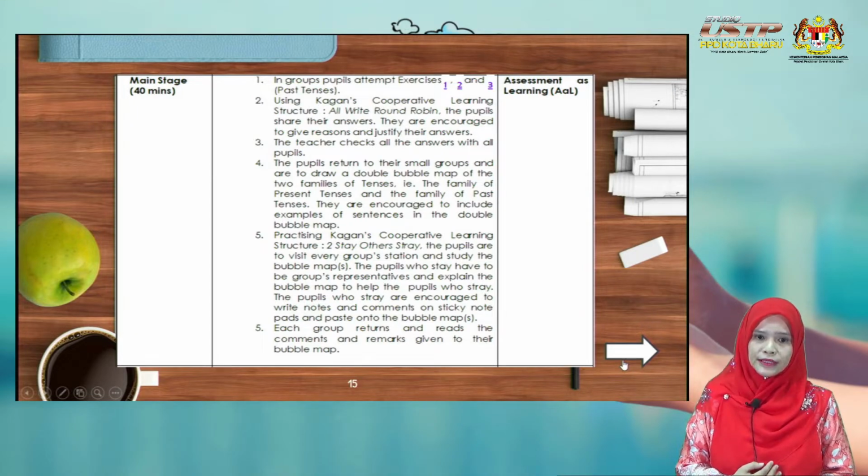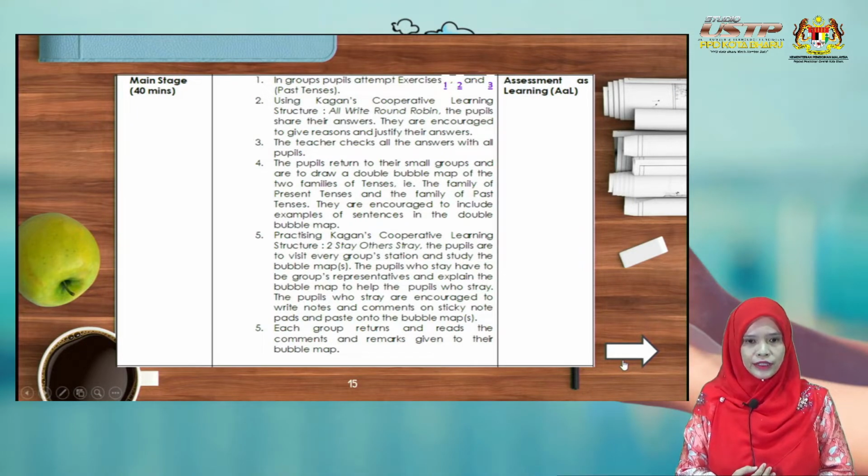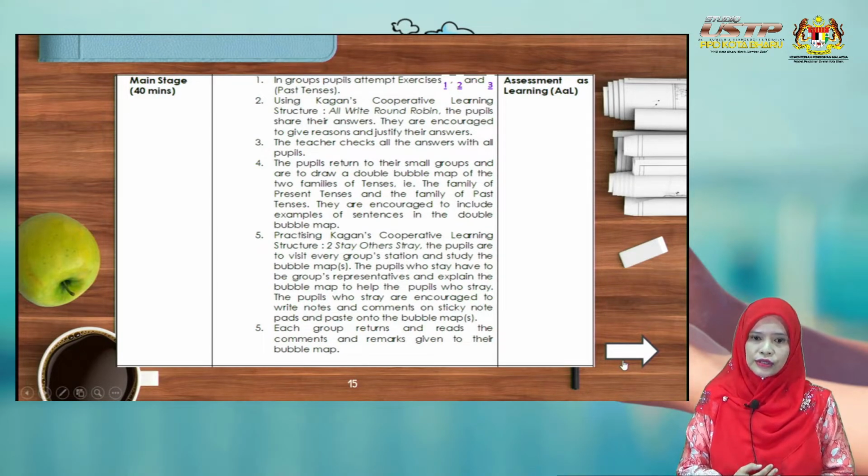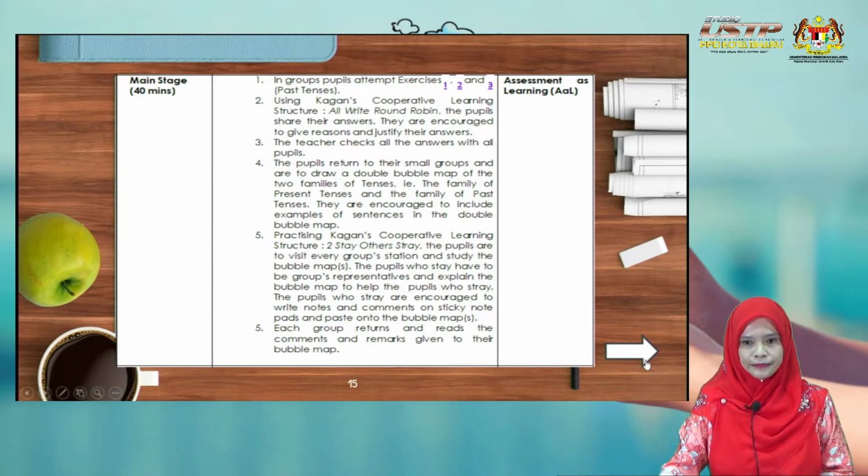The pupils who stray are encouraged to write notes and comments on sticky note pads and paste them onto the bubble maps. Then each group returns and reads the comments and remarks given to their bubble map.